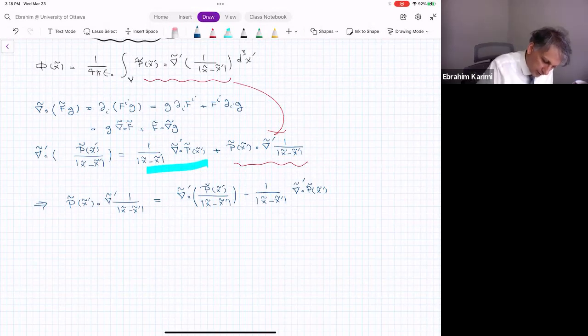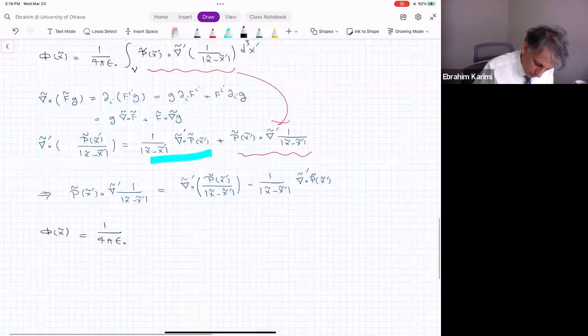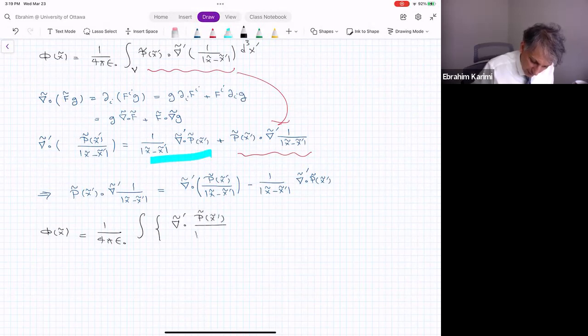Substituting inside of the potential, then we get 1 divided by 4 pi epsilon 0 integral of two terms, divergence with respect to prime index of P of X prime divided by X minus X prime, minus, or let's write it as a plus, minus divergence of P of X prime with respect to prime index X minus X prime, d3 of X prime.